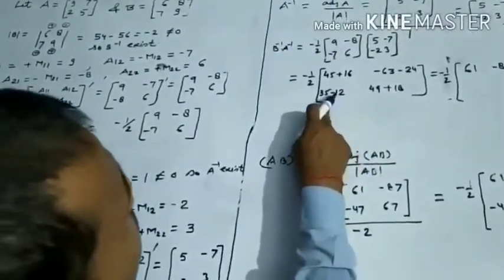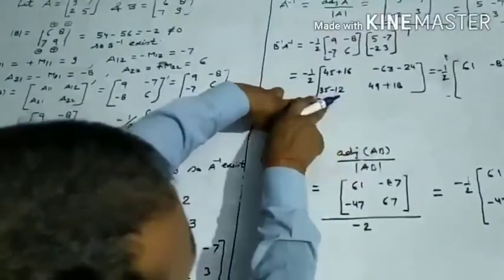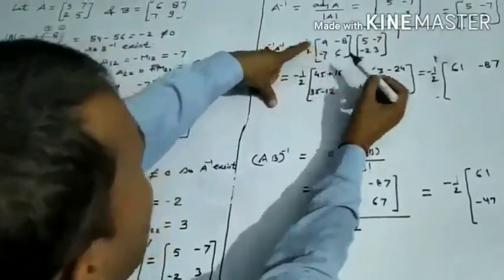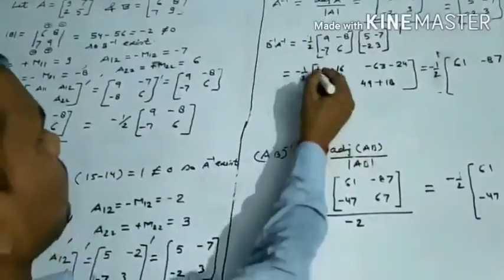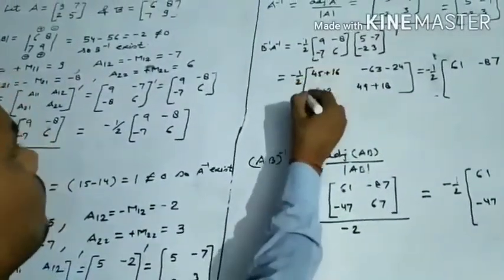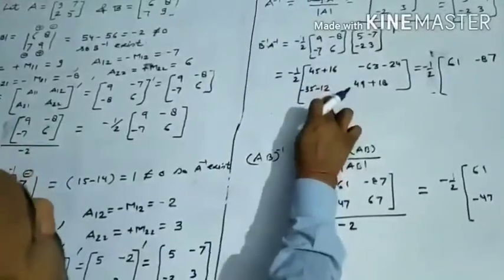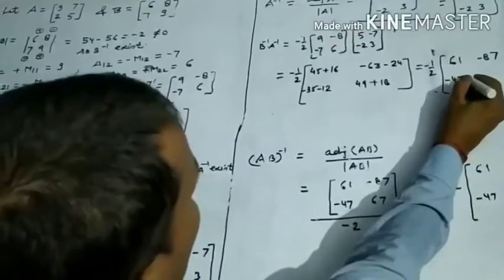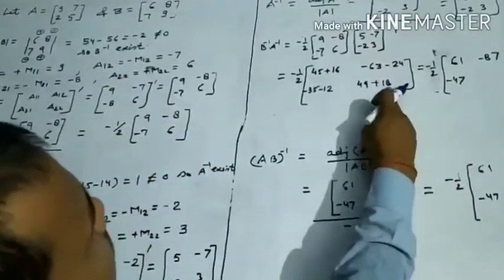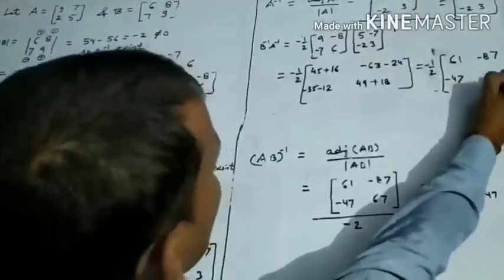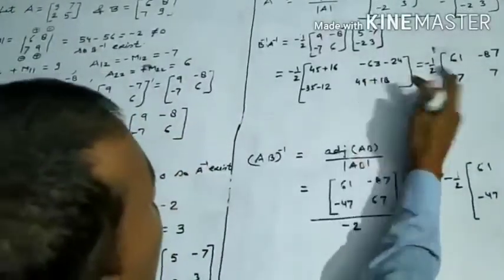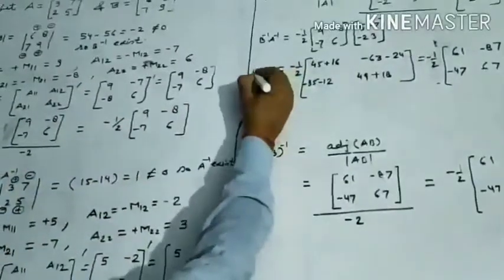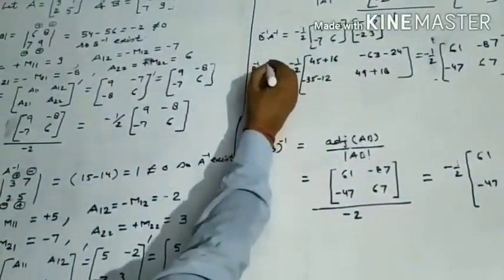Again you have to see 35 and minus 12, so minus 47, and then 7, and then 6. So this is B inverse into A inverse.